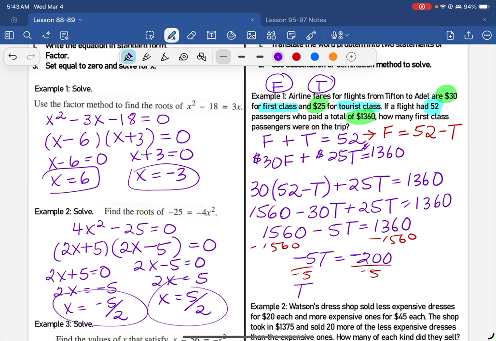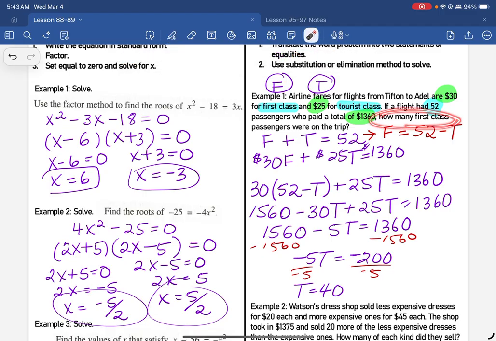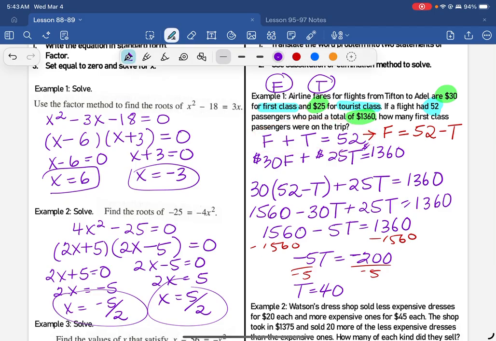So the tourist is 40 people, but they didn't ask me for that, did they? They said how many first class. Well, if we know this equation, meaning the passengers add up to 52, all we have to do is subtract 52 minus 40, which is 12. So the first class must be 12 passengers.